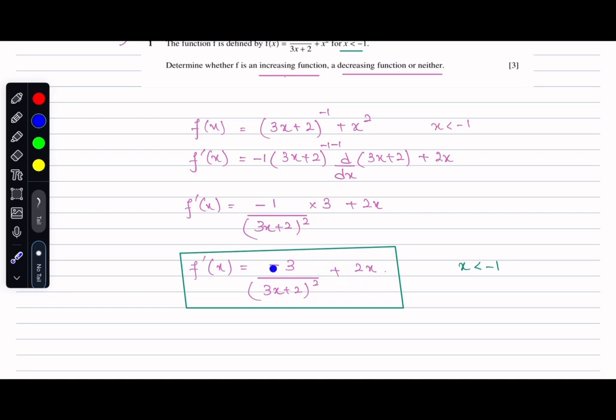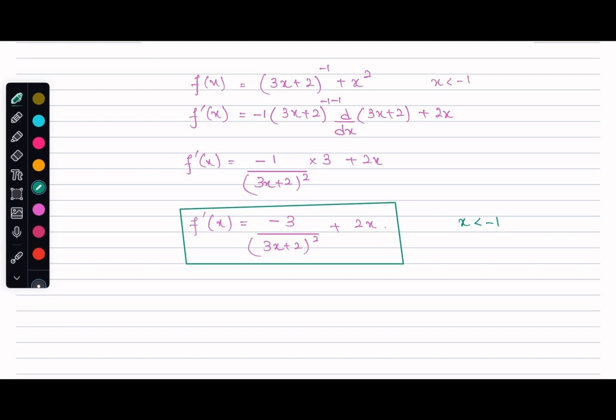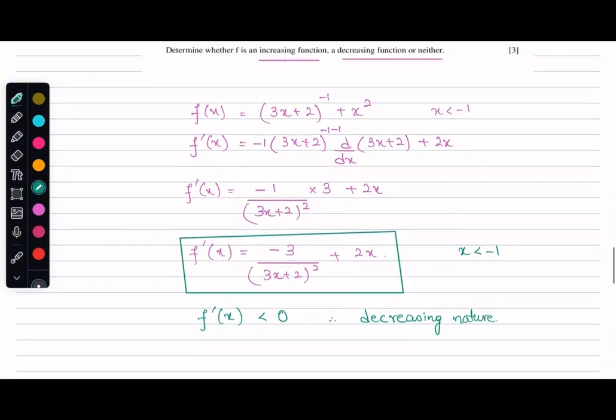Negative and negative give us a negative answer. So for x less than negative 1, all the first differential values are negative, meaning they are less than 0. Therefore, the nature has to be a decreasing nature, so it is a decreasing function. This is how this question needs to get solved.